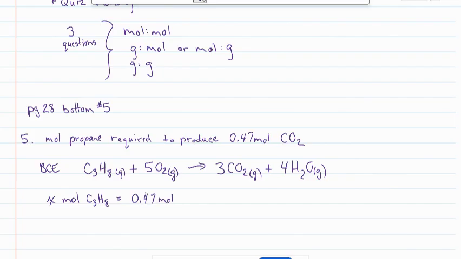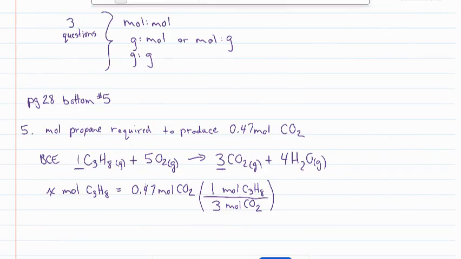And we need a conversion factor here, which has moles of CO2 we want to divide by, and we need moles of propane on the top, C3H8. If we look at our balanced chemical equation, our moles of CO2 is a 3, and our moles of C3H8 has an understood 1.